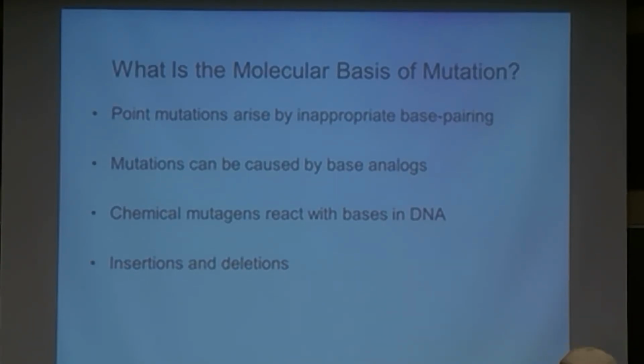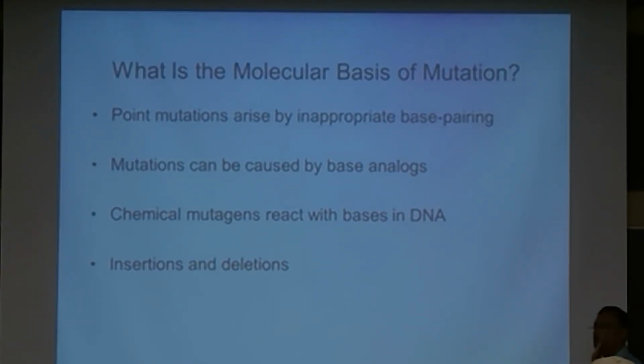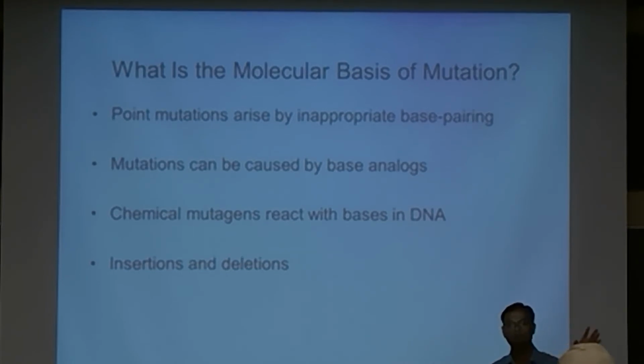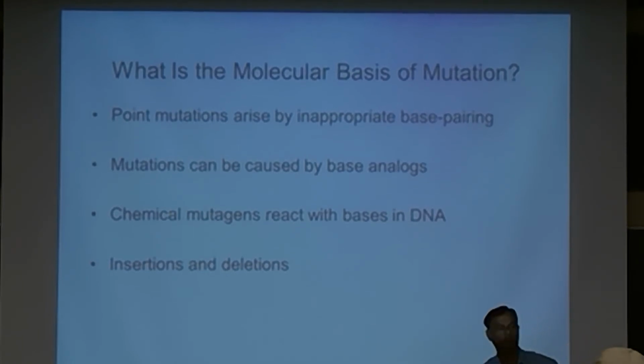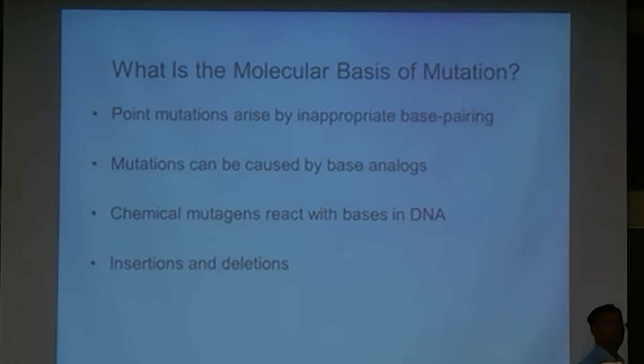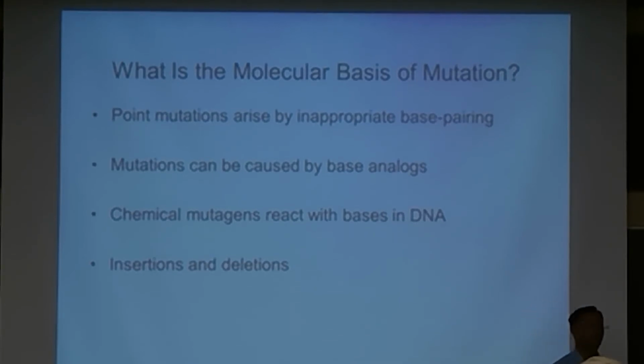So one can still end up with 1 in a million or 1 in a billion wrong nucleotide incorporations. Does it make sense? So that's a point mutation. A point mutation means a single nucleotide mutation. We have a complete genome or complete gene, correct, but one critical base is replaced with another base.